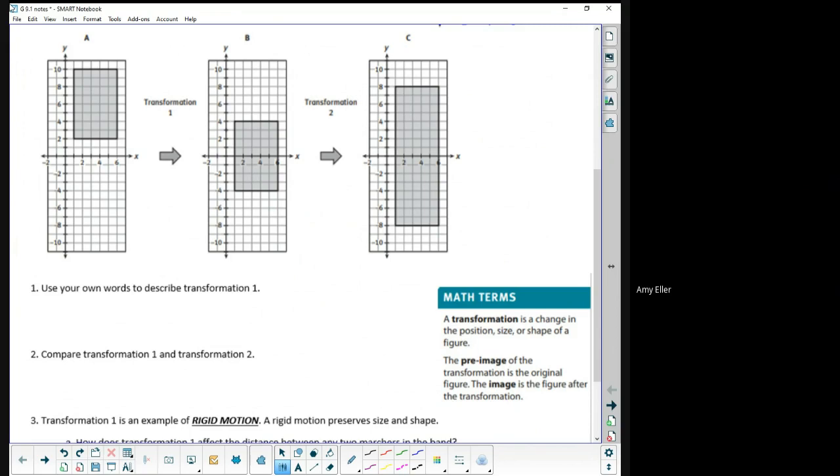You could say something like the first transformation, everybody just moved down. The second transformation, they moved apart from each other vertically.